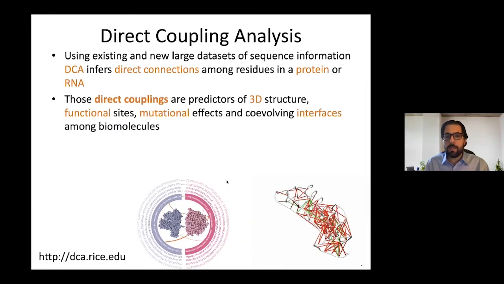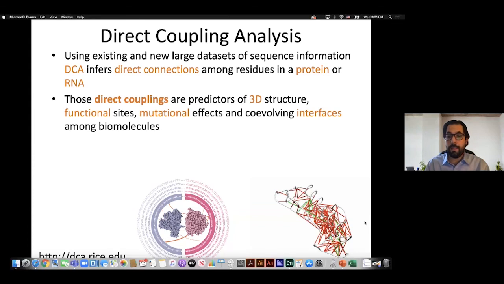Now, these direct couplings turn out to be pretty informative of many structural biology questions. For instance, if we know how this connectivity matrix, as Justin described, among the positions in the sequence is distributed, then we can say something about how this protein is forming a 3D structure.